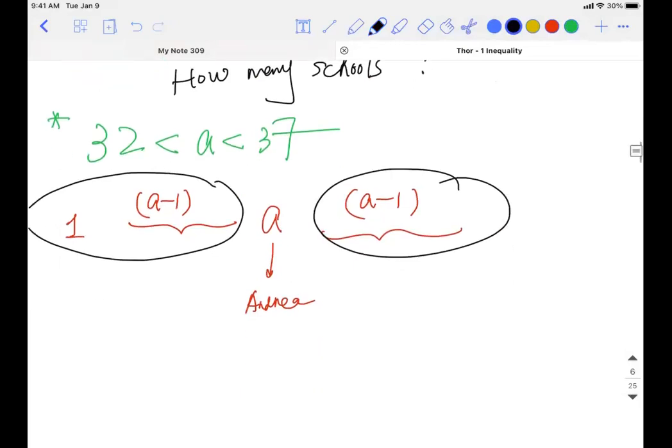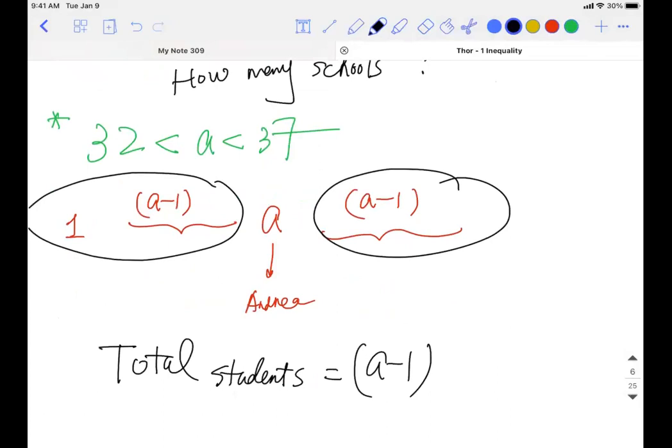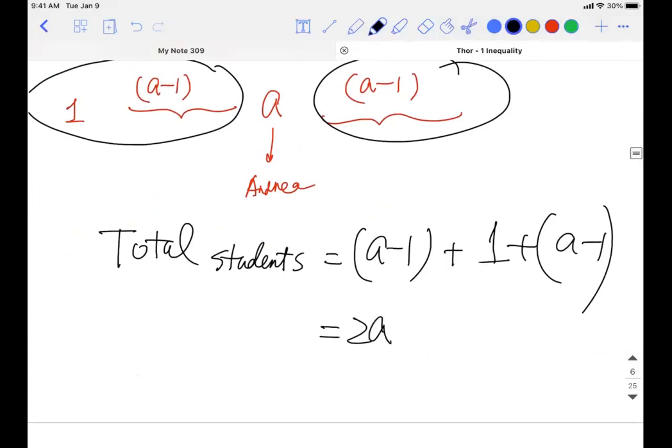So that being said, the total number of students will be what? A-1, the people in front of Andrea, plus 1, which is Andrea's position, plus A-1, the people behind Andrea. Does it make sense? These are the total number of your students: A-1 before, A-1 after, 1 in the middle, Andrea herself. So that is going to be 2A-1.